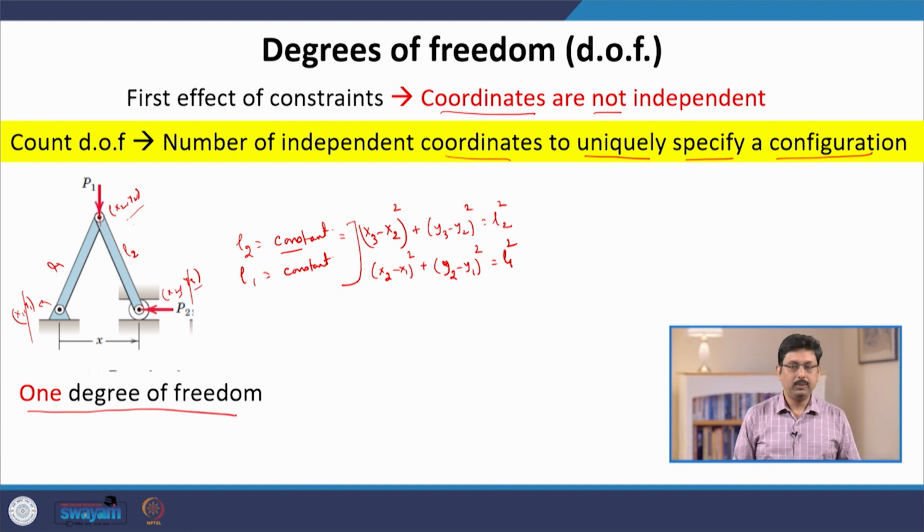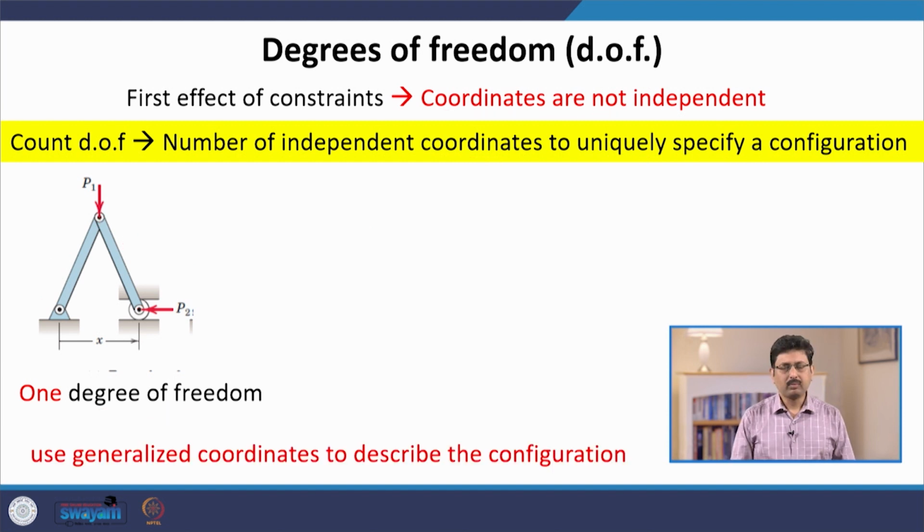So, even though it looks like a complicated object, if you analyze it carefully you will find that it is fairly simple, it is just 1 degree of freedom. That means only one coordinate, one variable, is enough to specify the position of this system. Now, the point is that this variable is not a unique choice.